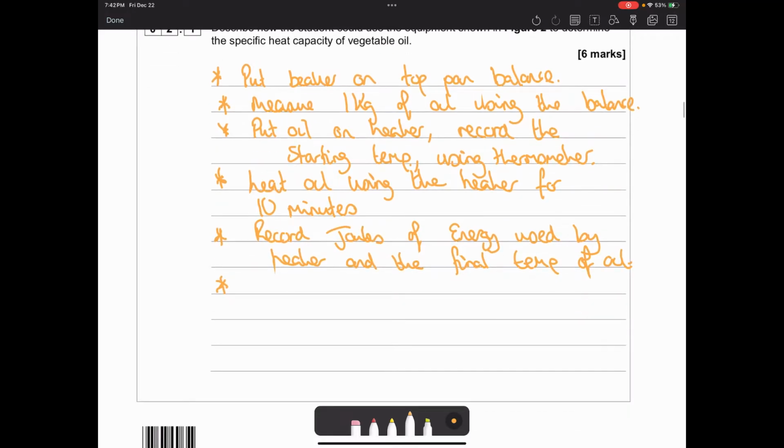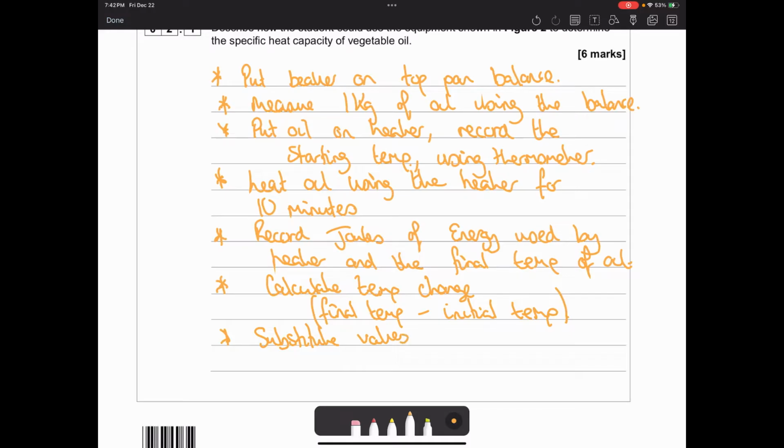What you would then do after you've got that, okay, is calculate your temperature change. So all I would be doing is our final temperature minus our initial temperature. And then what I can then do is substitute the values into the equation.